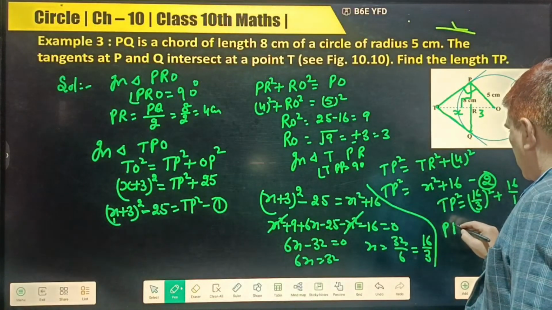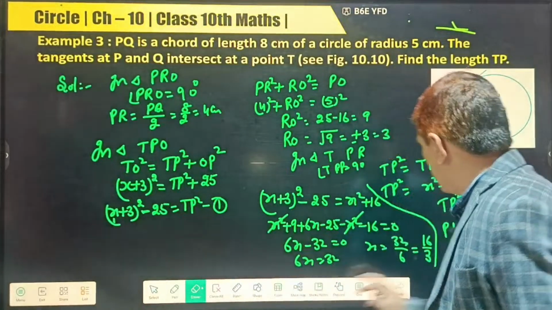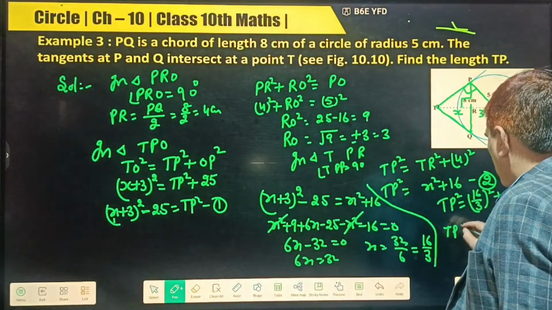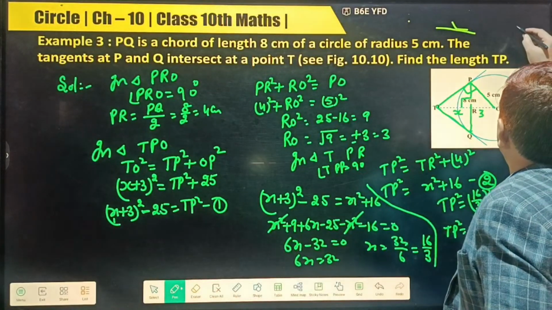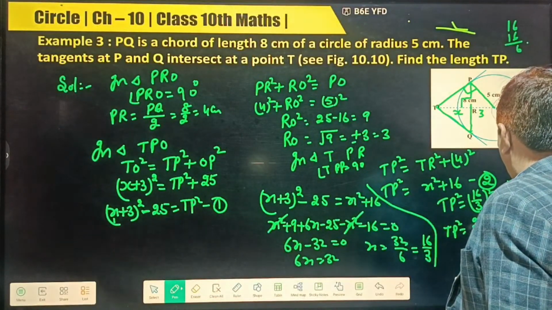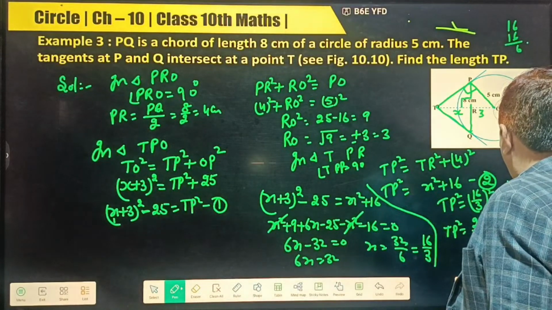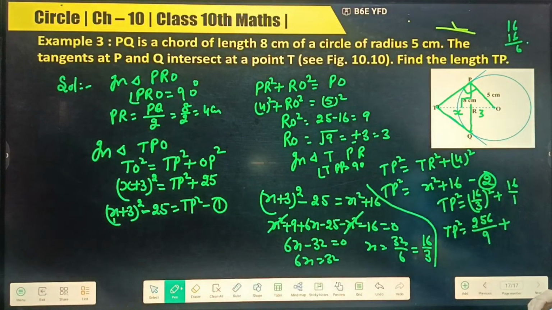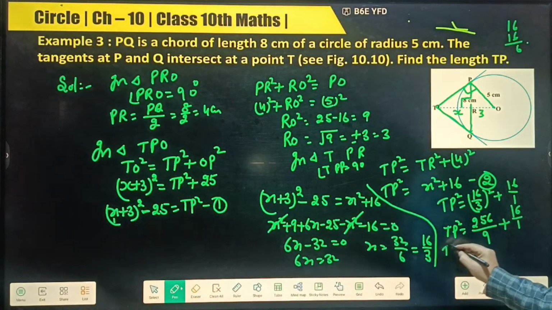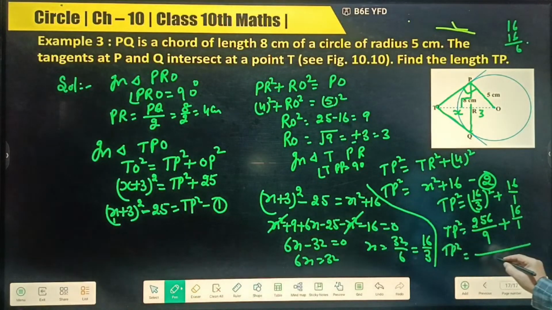So TP square is equal to 256 by 9 plus 16 by 1. 9 is our LCM: 256 plus 16 times 9, which is 144, is equal to 400 by 9.